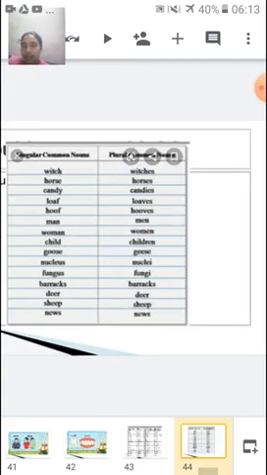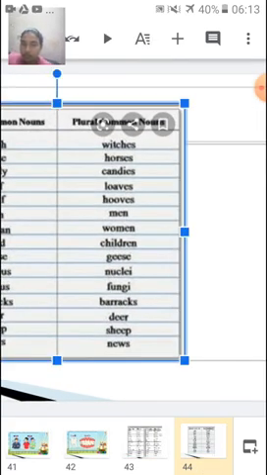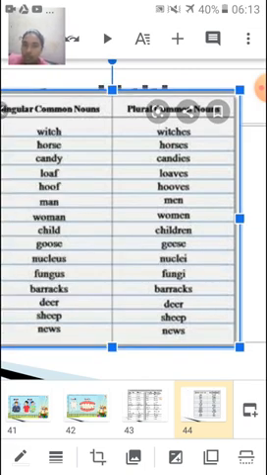So next we have another form of singular and plural. Witch, witches. Horse, horses. Candy, candies. Loaf, loaves. Hoof, hooves. Man, men. Woman, women.